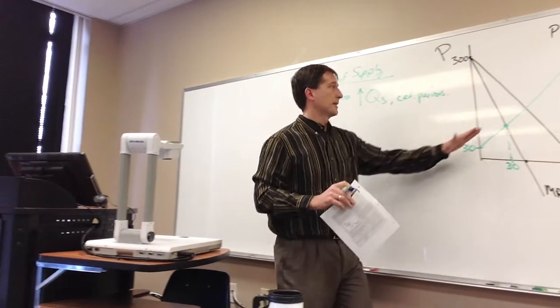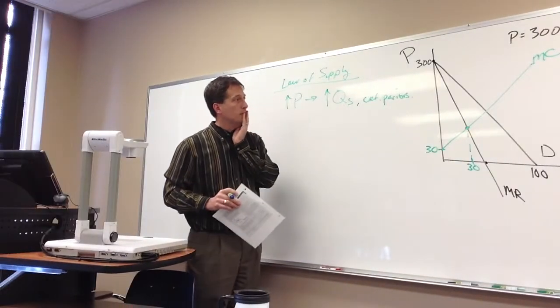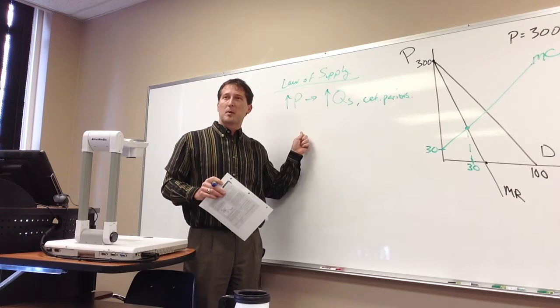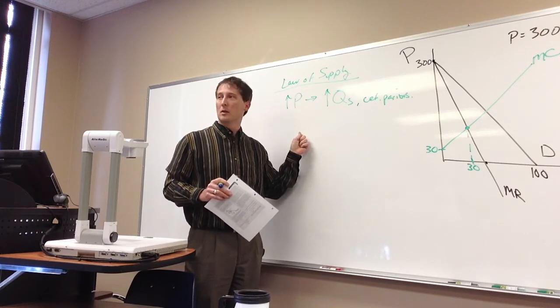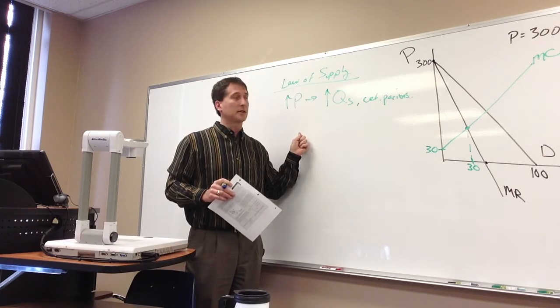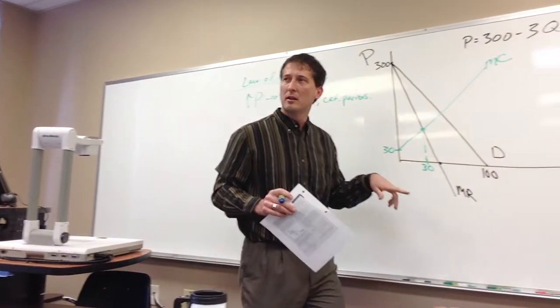Well, that kind of looks like this. Price goes up, quantity goes up. But what's going on with this problem? They're changing the demand curve, and so did price go up or down?